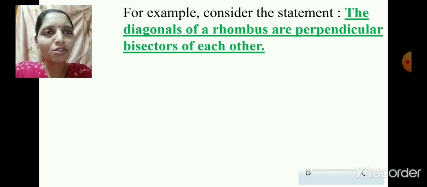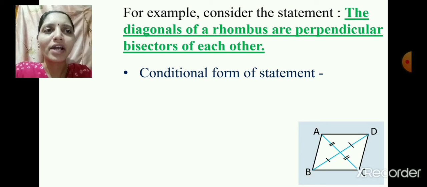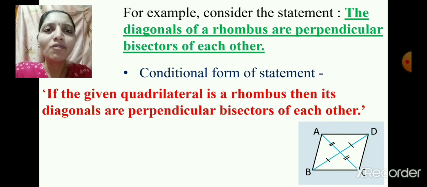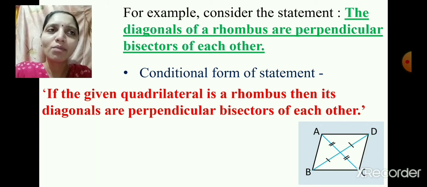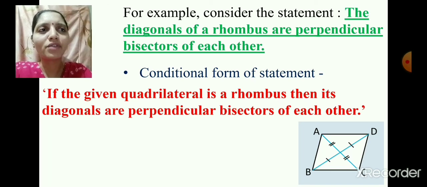Rhombus is given to you. So you will write it as, if the given quadrilateral is a rhombus, then its diagonals are perpendicular bisectors of each other. That means if the given quadrilateral is a rhombus, we know that its diagonals are perpendicular bisectors of each other. Now you have to write the converse of this statement.